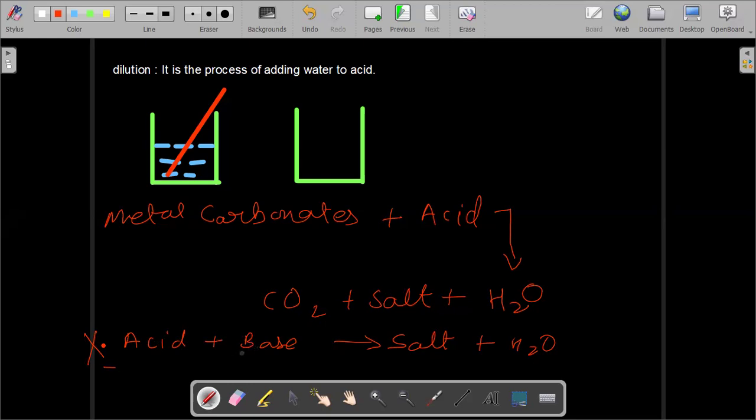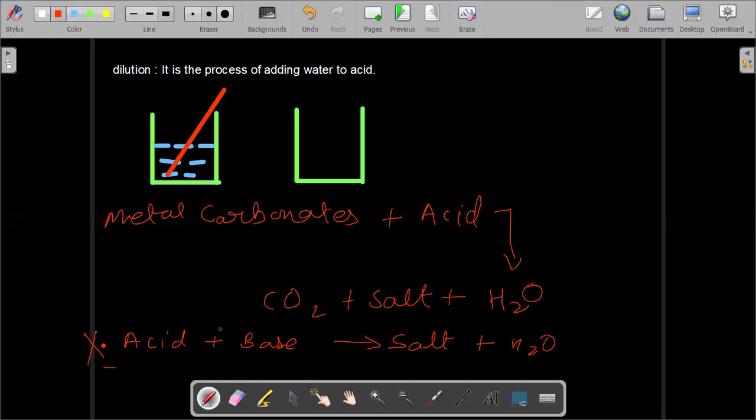It will also cause a burning sensation, since you can't control that each molecule of the base is going to combine with each molecule of the acid. So your burning sensation will increase when base is added on an acid burn.